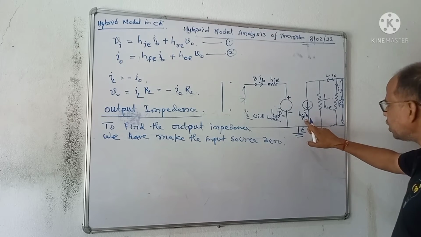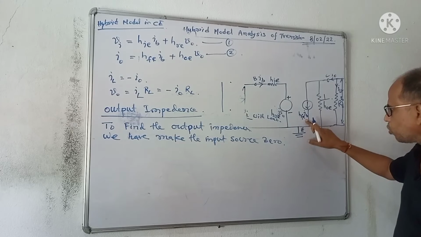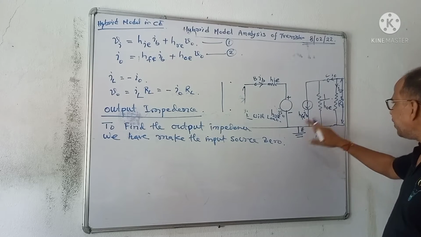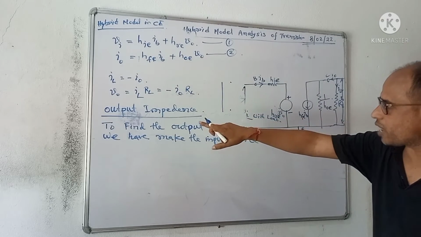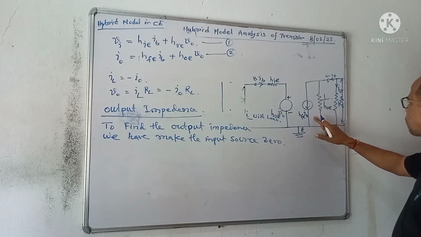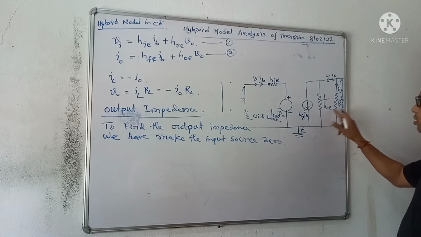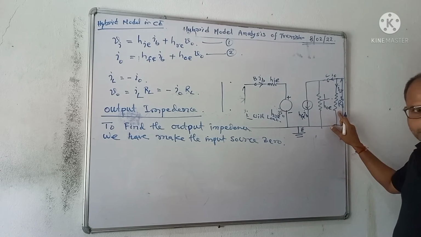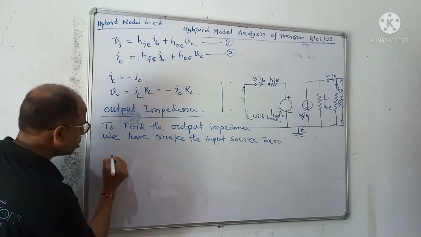Now if input source is 0, therefore input current is 0, then this is 0. I have to calculate the output impedance. Therefore output impedance is nothing but the parallel combination of this.